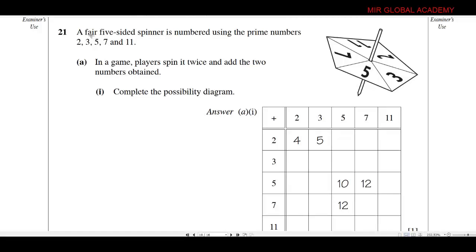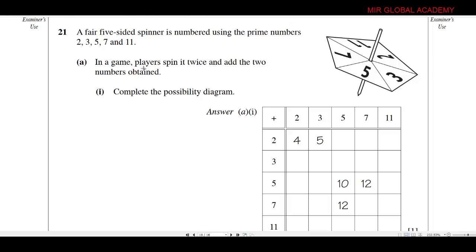A fair 5-sided spinner is numbered using the prime numbers 2, 3, 5, 7 and 11. In a game, players spin it twice and add the 2 numbers obtained. Complete the possibility diagram.